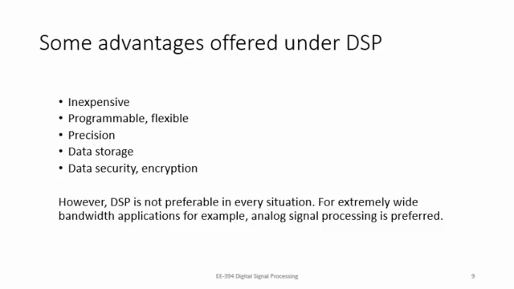There is a flexibility on offer as well, because modifications in the programming code are only needed to change or alter the system. You do not need to make a wholesale change in the hardware. We just change the programming code to change the behavior of the system, which makes it programmable, flexible, and inexpensive.